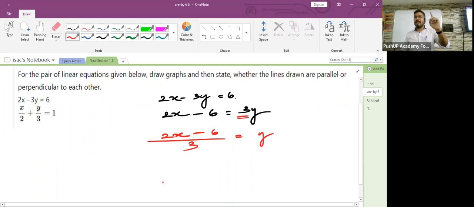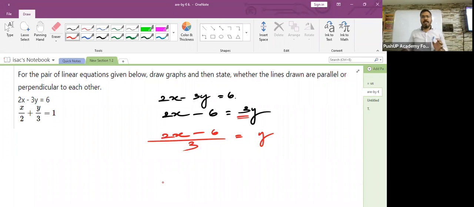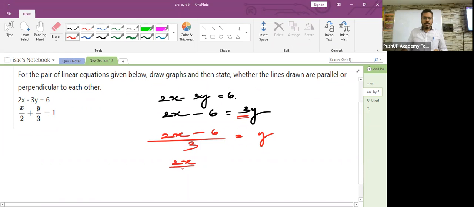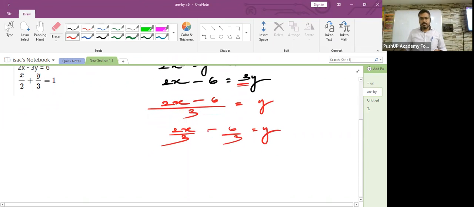As I told you yesterday, you should always try to divide the terms in the numerator individually with the denominator, so that later on, while finding the values of x and y, it becomes very easy for you. So you can write 2x by 3 minus 6 by 3, which is equal to y. 3 ones are 3, 3 twos are 6.